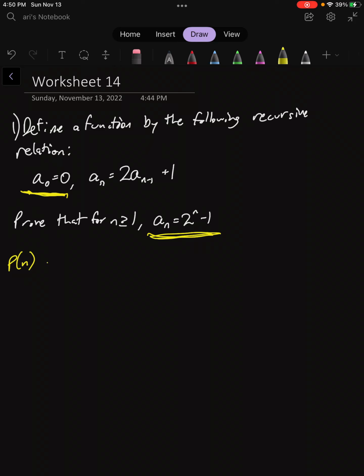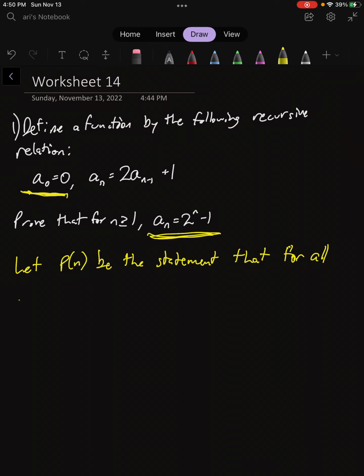So we're going to say P of n is, or rather, I'm going to use this lasso effect. We're actually defining P of n. So let's say, let P of n be the statement that for all n greater than or equal to 1, a of n is equal to 2 to the n minus 1.